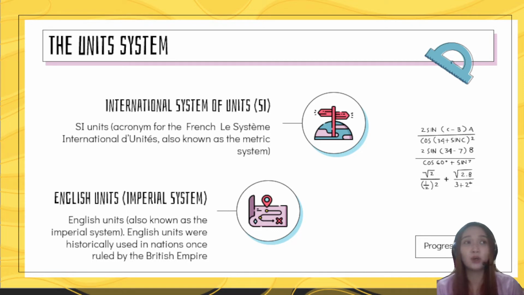Okay, so paano natin gagawin ng paraan na magkakaintindihan yung dalawang units of system natin? So, paano tayo magkakaroon ng isang single mathematical language? So, if we are talking about literary language, we translate. Okay? If we are talking about mathematical language, we convert.